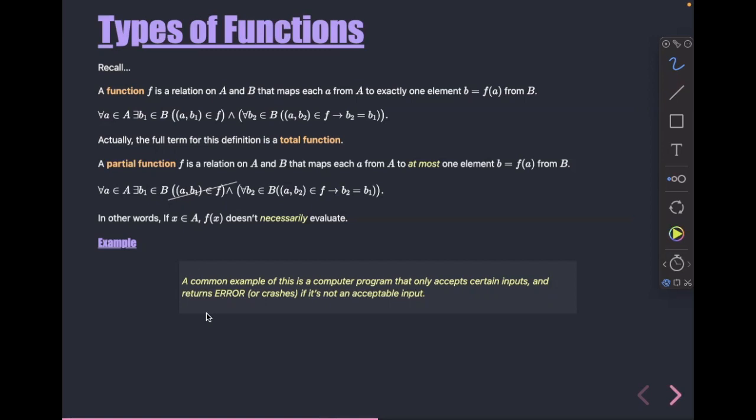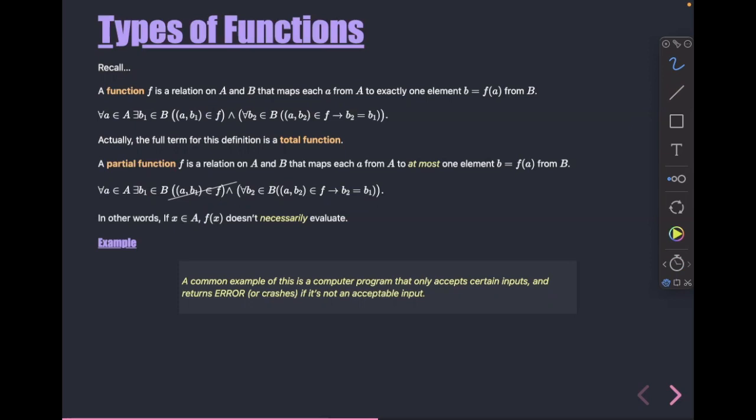And the reason I want to talk about this idea of a partial function is that the programs we write on our computer are really partial functions, because they're dependent on certain inputs. We have this larger set of inputs we could give our computer, but sometimes they only work for very specific inputs, right? If I'm writing something that only takes integers and I input a string, then I will not get an output.